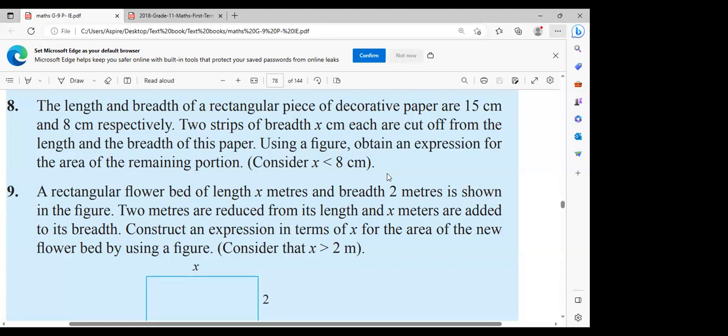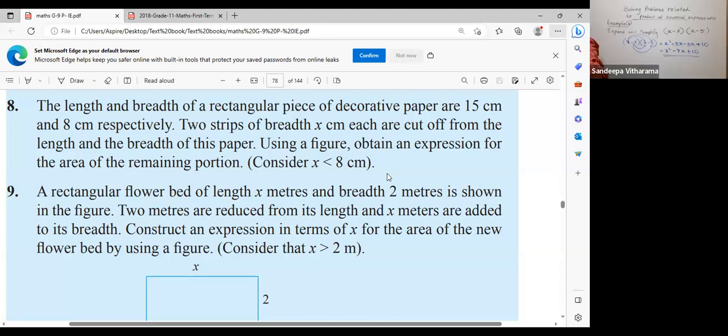Please write down the eighth question in the screen. Okay, Pute, you have finished with this writing. I will explain the question, okay?